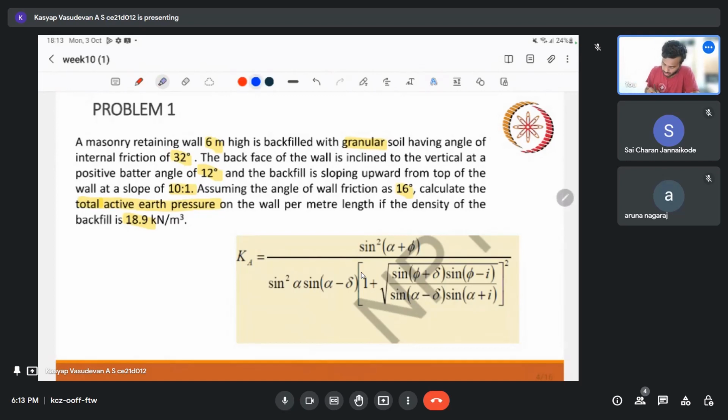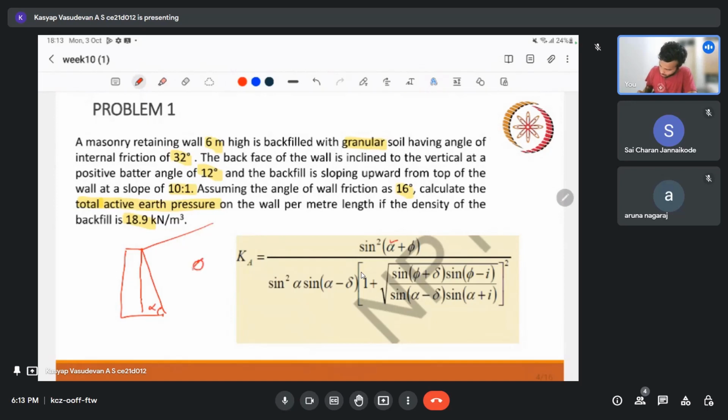So here in this equation, alpha is the angle of inclination of the back side of our wall with the horizontal. If this is our wall and this is our backfill, we have this as alpha. So alpha is done.